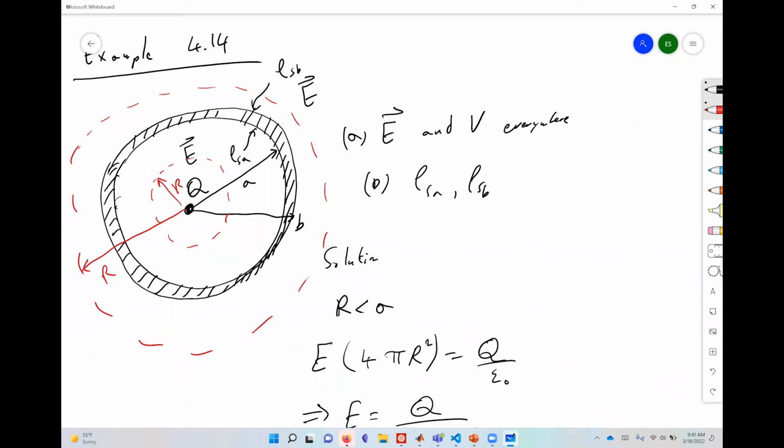The reason is this is an ideal conductor surface. So although there are going to be charge distributions along the surface, rho SA and rho SB, the total charge is the same. All that's happening is that the charges are moving around. The total number of charges is not going to change. So if the conductor was in equilibrium before we put Q here, the conductor will remain in equilibrium.